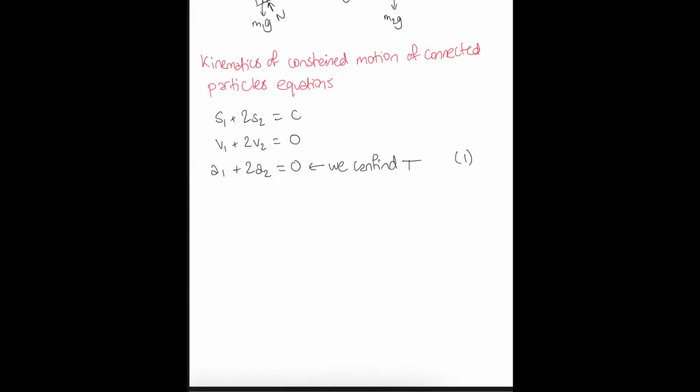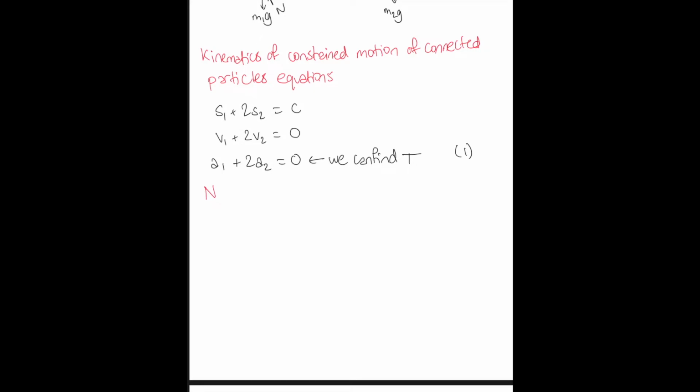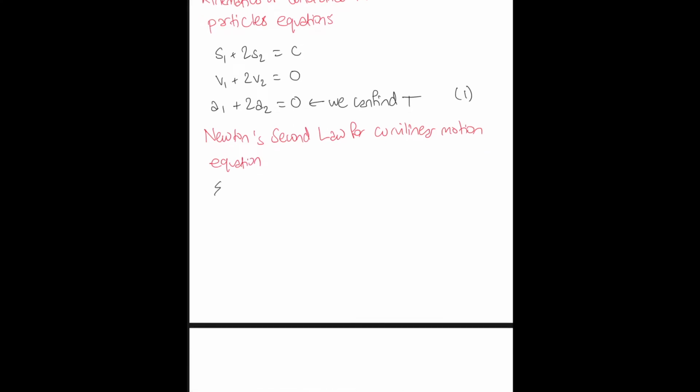Now we're also going to recall Newton's second law of curvilinear motion equation. And that's going to be the sum of forces in the tangential direction is going to be m a_t.